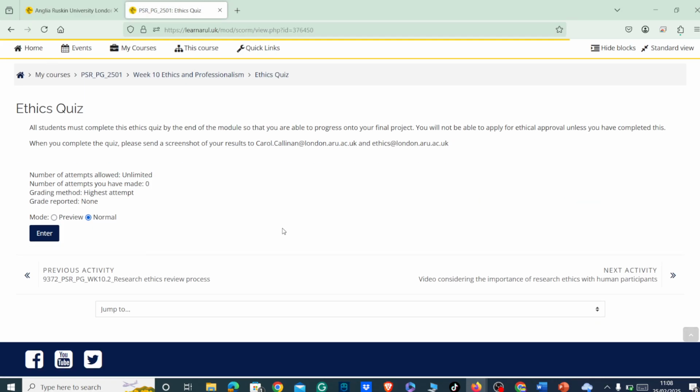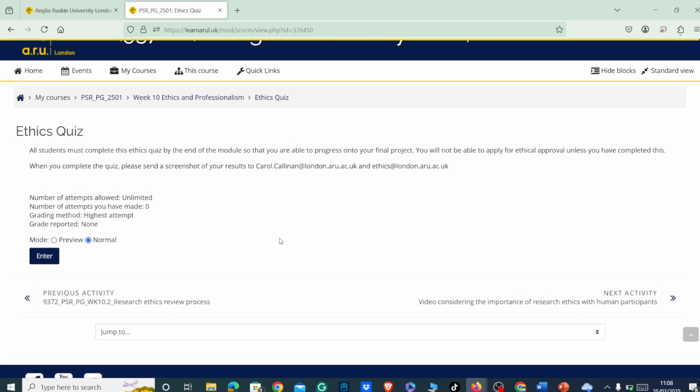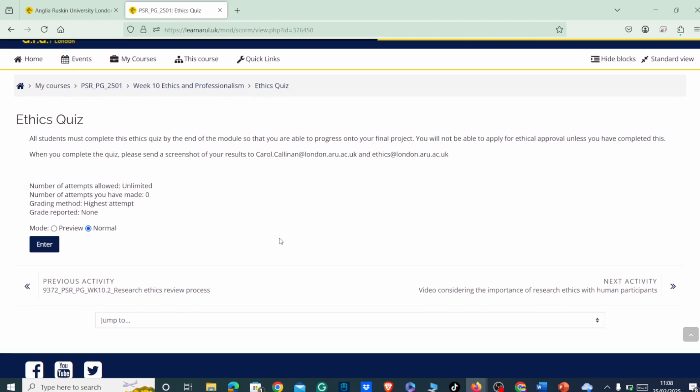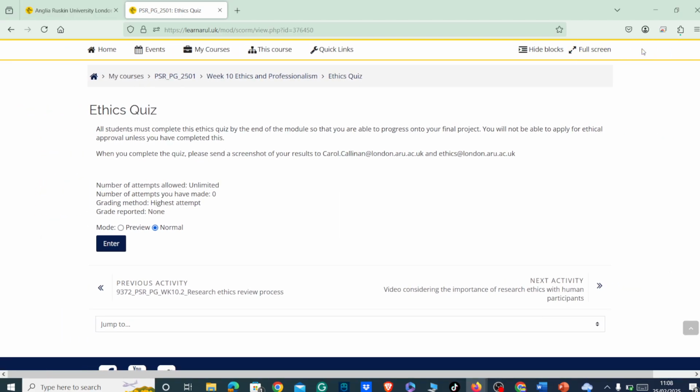You'll see the instructions here. All students must complete this quiz by the end of the module so that you are able to progress to your final project. You will not be able to apply for ethical approval unless you have completed this. When you have completed it, please send a screenshot too.